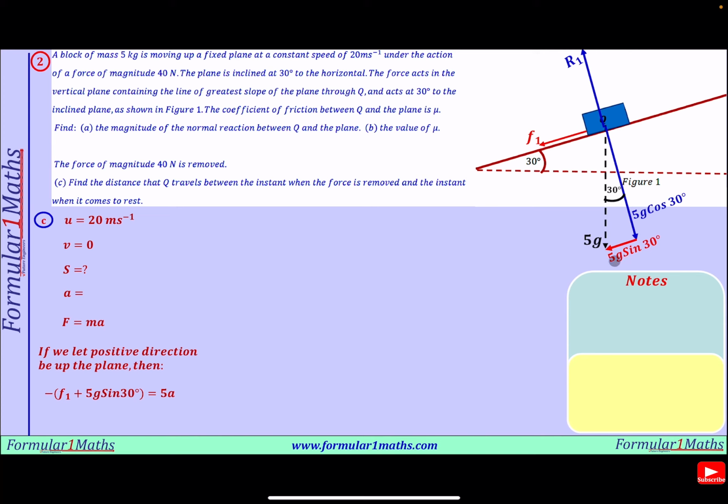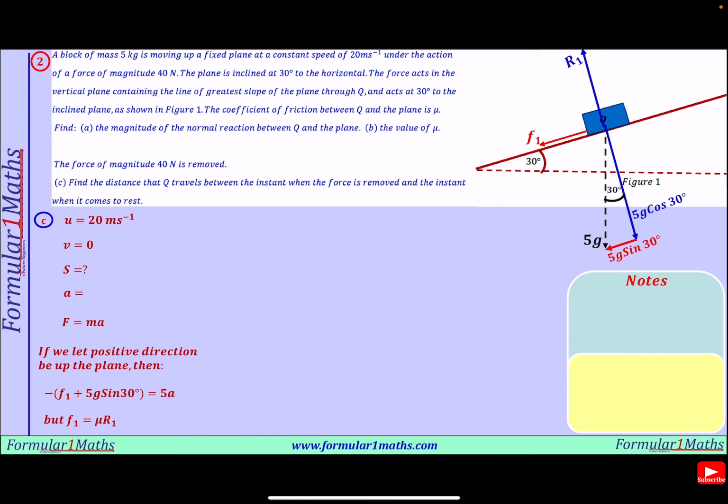And because of the direction, it is negative. So this one here is our big F over there. And our mass, as we know, is 5. And we can now find acceleration here. And this acceleration is for this particular motion, the new motion that started when the force was removed.